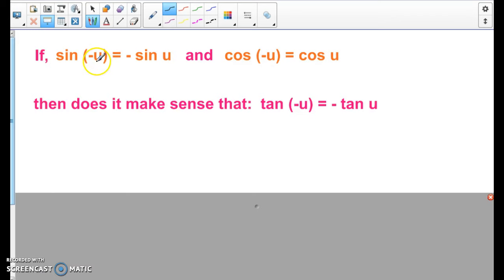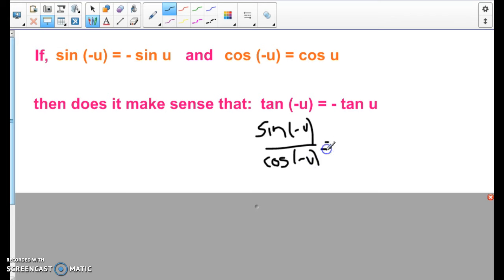So if the sine of negative u equals negative sine u and cosine of negative u equals cosine u, does it make sense that the tan of negative u equals negative tan u? Well, let's see. Tangent is sine over cosine. So this would be the sine of negative u over the cosine of negative u. You're painfully watching me type this with a mouse pad.